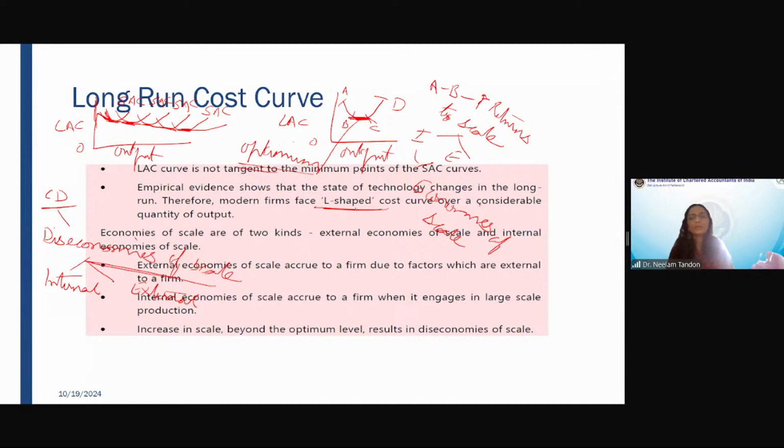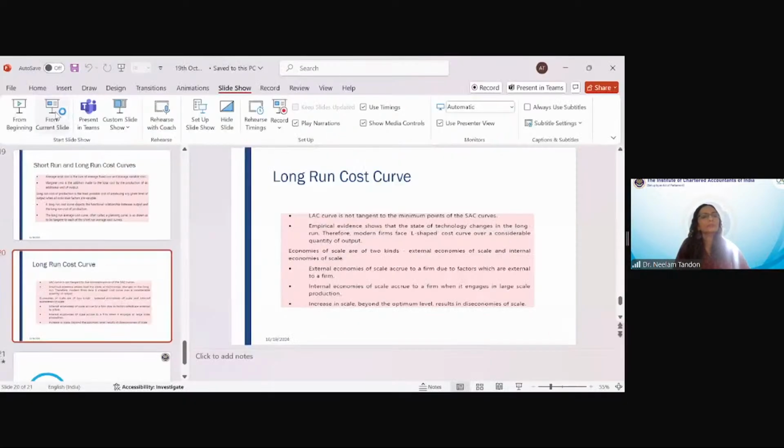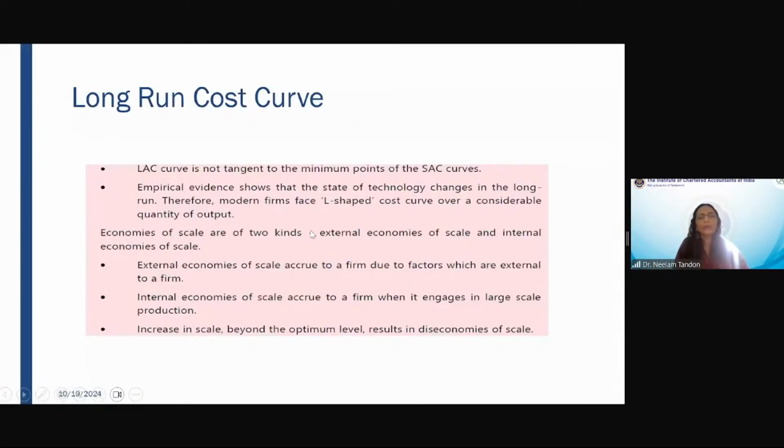And L-shaped. Most of the firms today are working on this L-shaped cost curve. That means this is LAC.